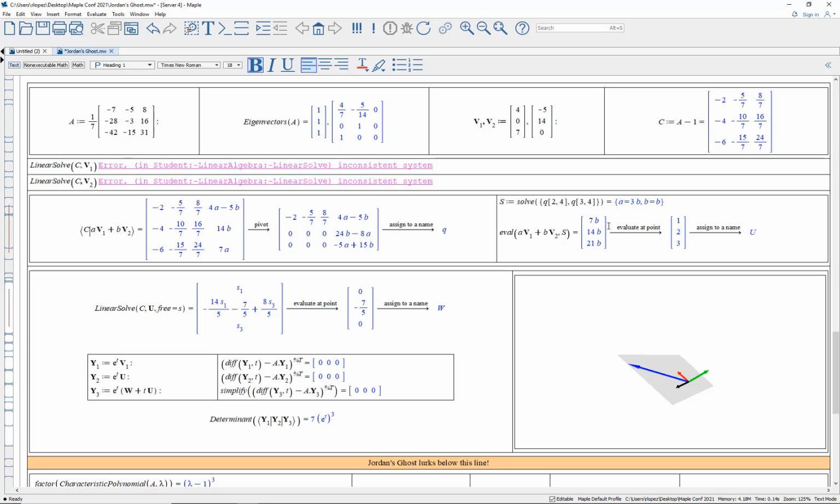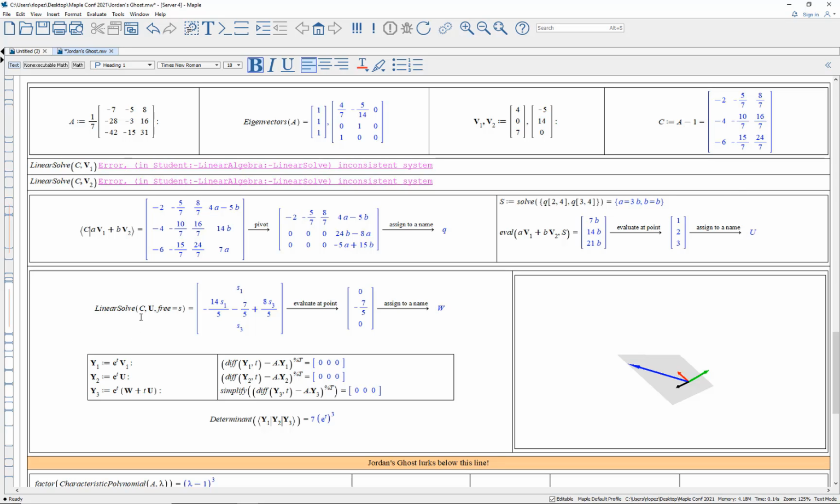Well, you pull out those two expressions, you find out it's really only one. You hit it with solve. You discover that A has to be 3B. You put A equals 3B. You get this vector. You let B be 1/7, and you get the vector 1, 2, 3. So this vector U is an eigenvector, but it's a special eigenvector. It's the one that allows you to go up the chain.